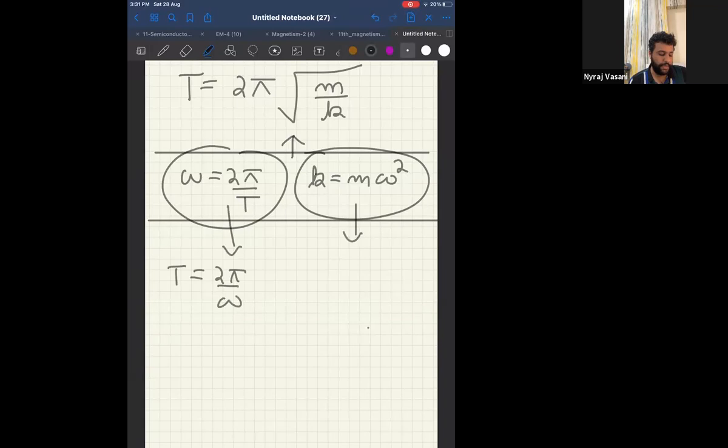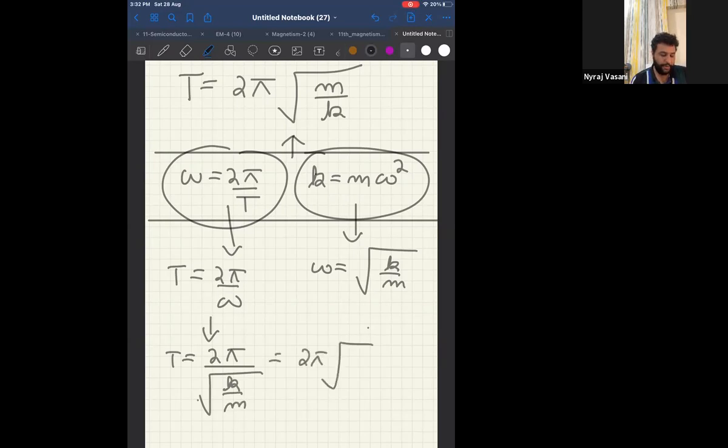Now from this formula, I know that omega square is equal to k by m. Therefore, omega is equal to square root of k by m. Now in this formula, can I write T is equal to 2 pi divided by square root of k by m? Or can I say it is 2 pi if I take it on top?